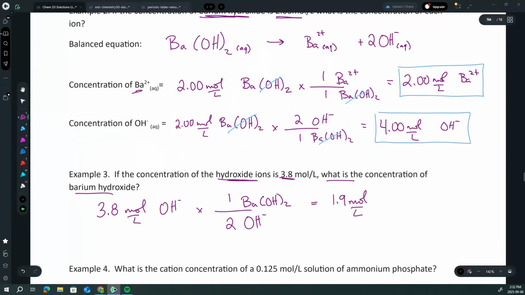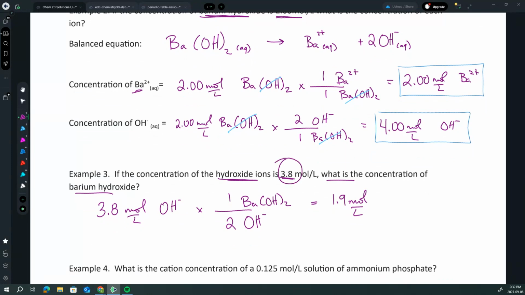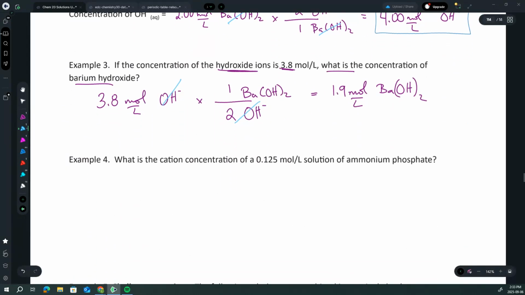It's already in the correct amount of sigdigs because, actually, I'll point to the number in the question there. This number has 2 sigdigs, so our answer has to have 2 sigdigs. All right. Example number 4. Actually, I'm going to put a box around that before I move on.